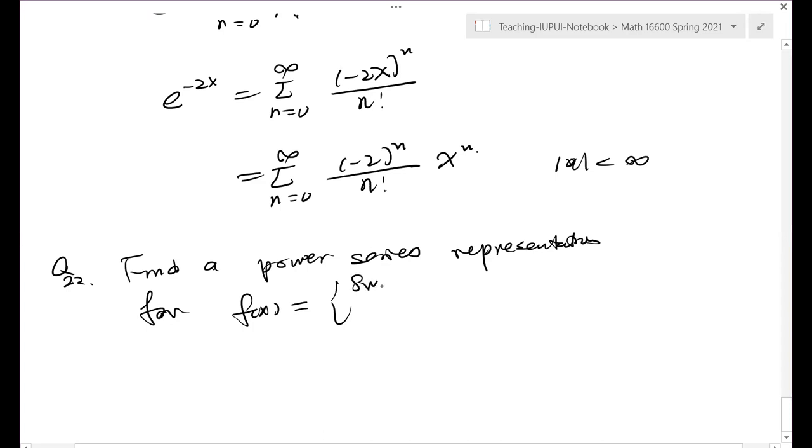Now this function is sine x over x if x is not equal to 0, and that's going to be 1 if x equals 0.